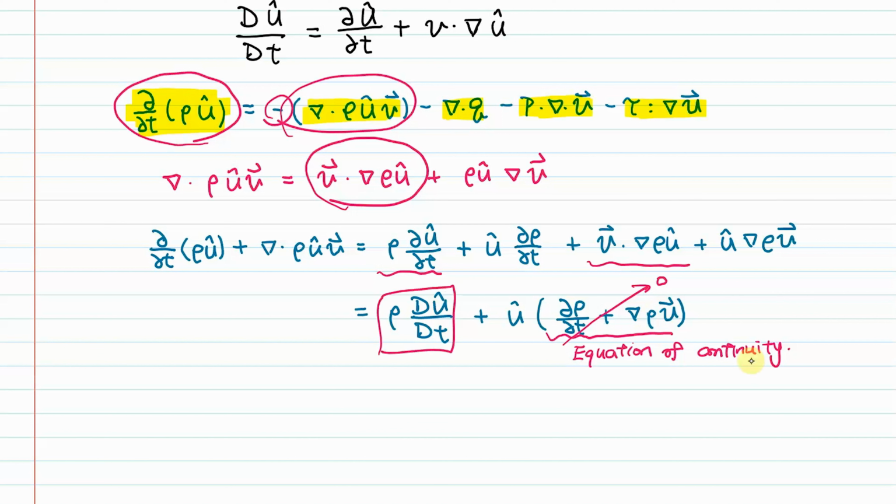Now our equation is simplified to rho times the substantial derivative of the internal energy equals the gradient of heat conduction, minus the reversible change in internal energy by compression, minus the irreversible change by viscous dissipation.